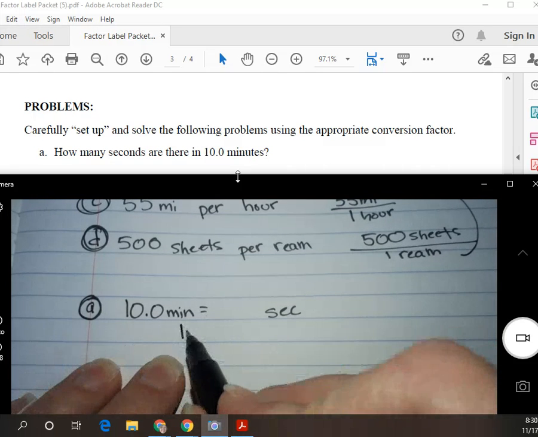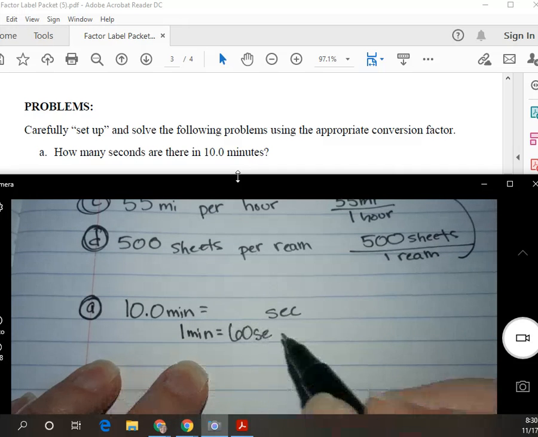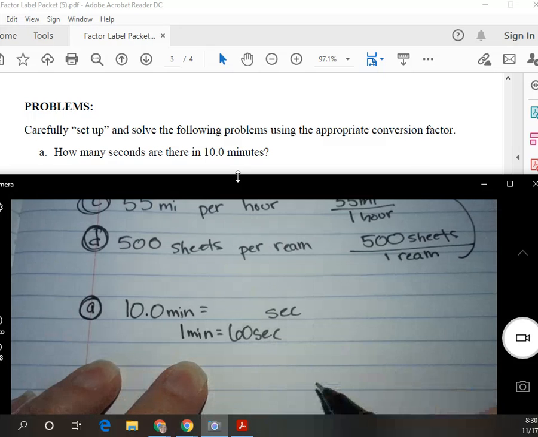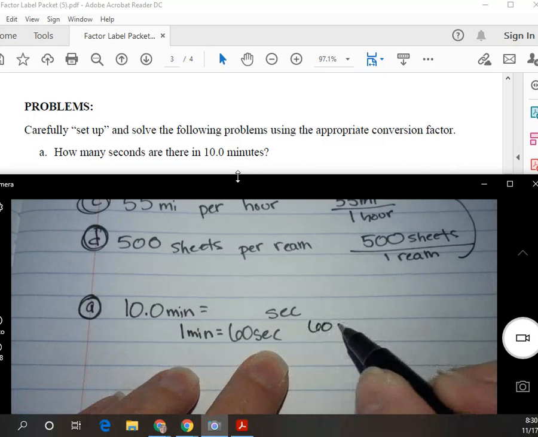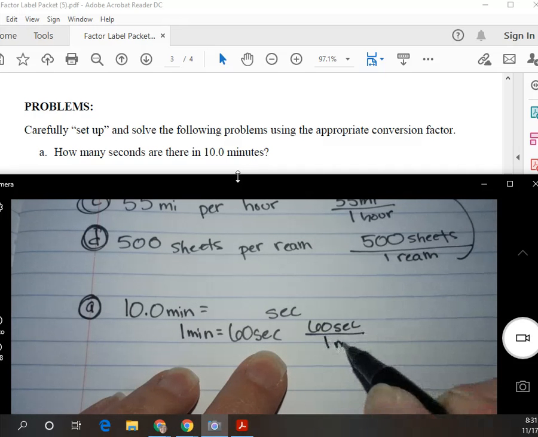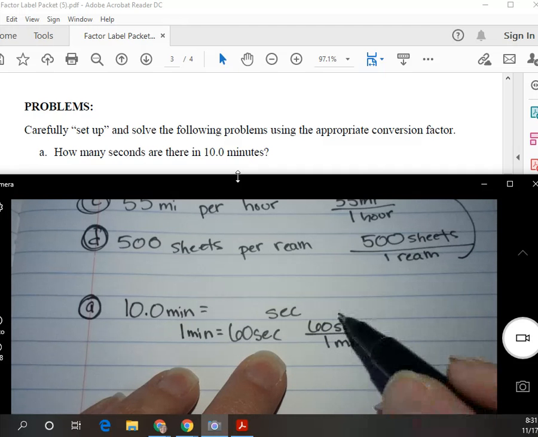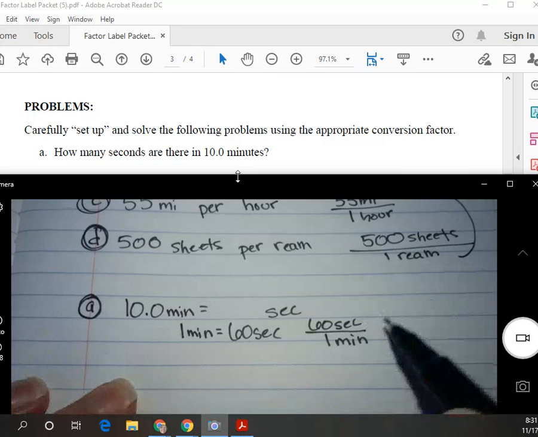I know that 1 minute equals 60 seconds. But I could also write that as a conversion factor, 60 seconds per 1 minute, which is also true. So I'm going to use this conversion factor to set up my problem.